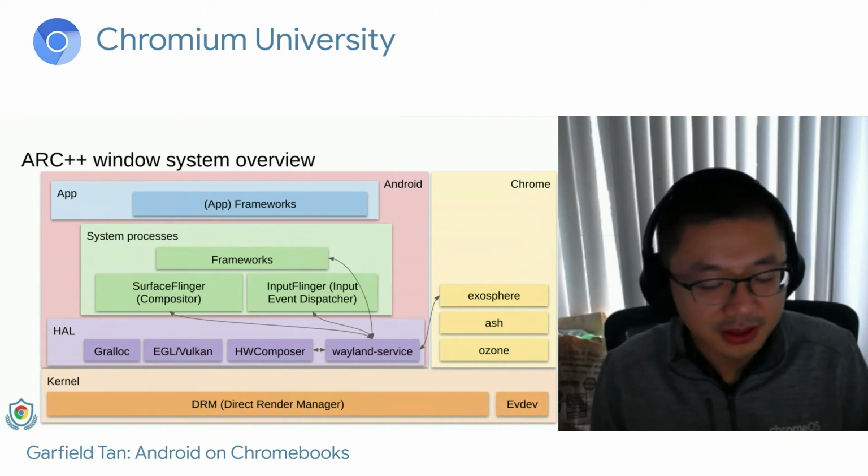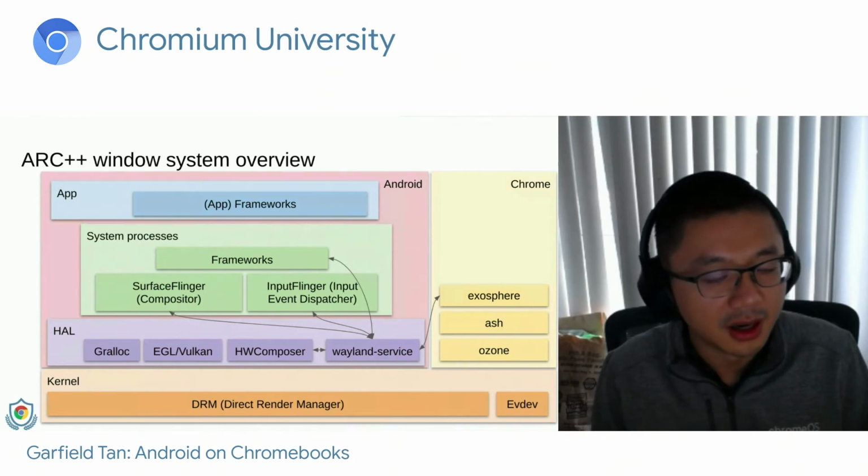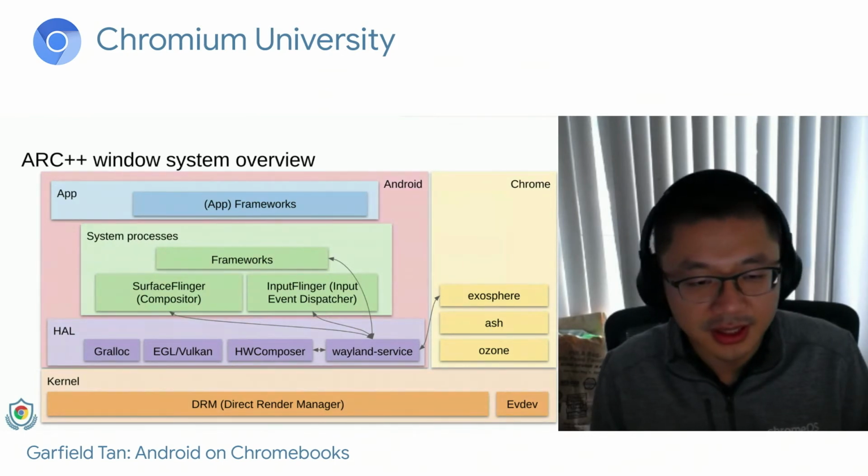In those graphs, everything below is actually a dependency of the things on top of it. That is to say, Exosphere is actually based on Ash, and Ash uses Ozone. Ozone, in this case, uses evdev.